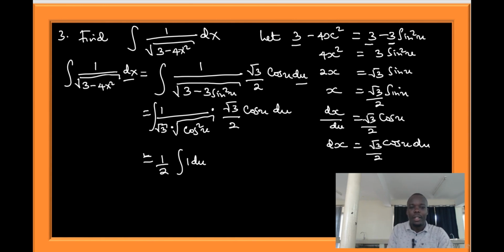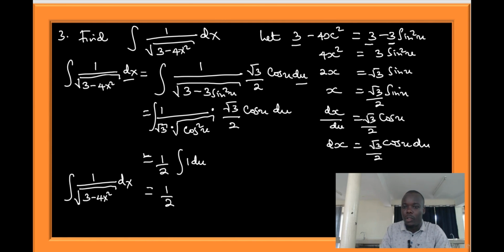But remember, for us to write our answer in terms of x, we shall now conclude by saying integral of 1 out of square root of 3 minus 4x squared with respect to x now becomes a half. It's supposed to be a half u, but remember u can be made the subject from this level here.